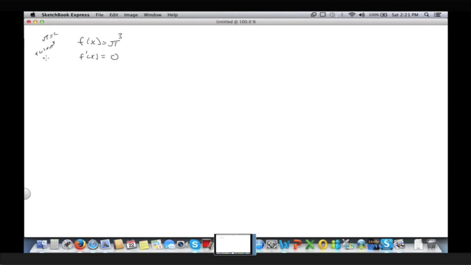That trick appears occasionally on the practice tests. Now let's take a look at another function. Let's do f of x is 3 e to the x. F of x is 3 e to the x. Like that? Sure, and let's figure out f prime of x.